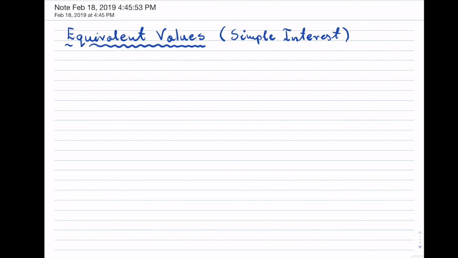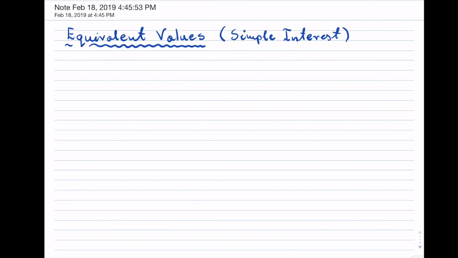So, the word equivalent means the same. If you take and compare two items, two values in this case, maybe values in money, the question is, are they the same? Are they equivalent?